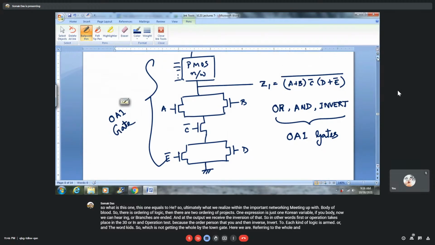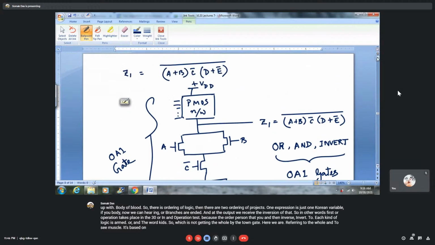So CMOS circuits are classified based on the expression below the inversion bar, whether it is a sum of product or product of sum. This one is a product of sum below the inversion bar.